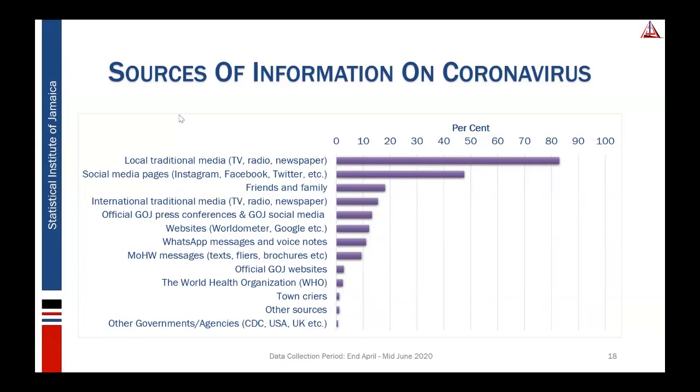So the traditional media is still where most persons get their information from. And this was for coronavirus. Social media, friends and family, international media, and Government of Jamaica press conferences and GOJ social media were some of the top places that persons got information from.